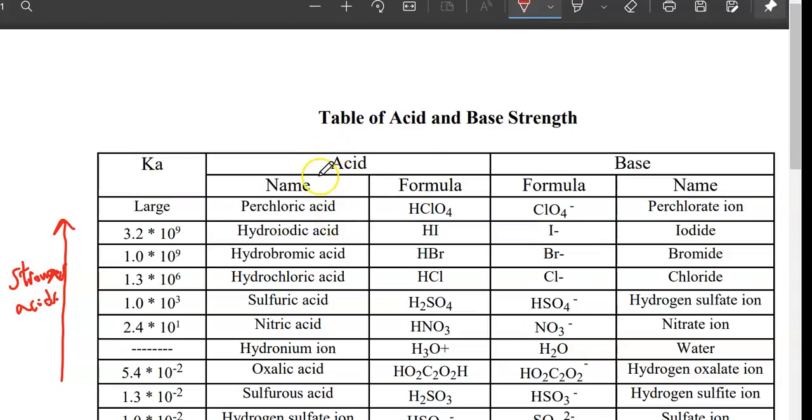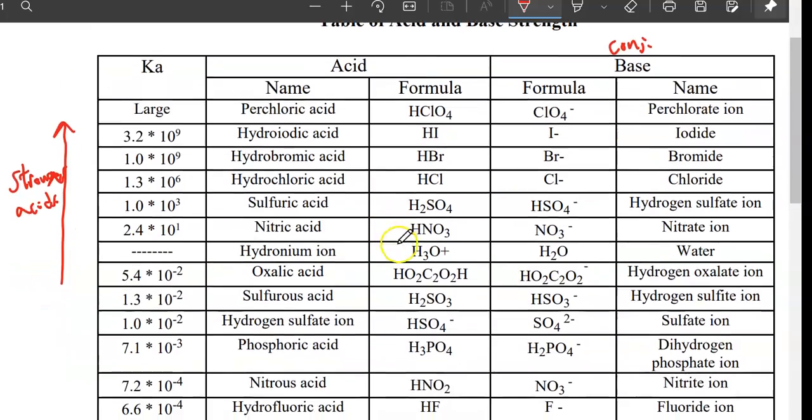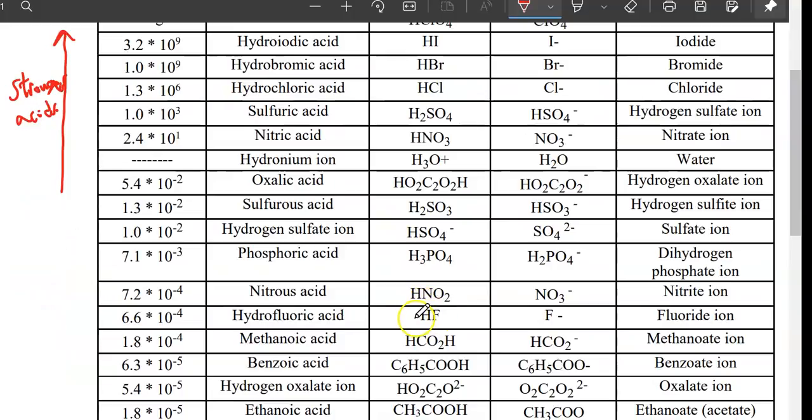So we're dealing with HF and HSO3-. So let's look at where they are here. HF, so this is acid, this is the conjugate base on this side here. So let's look at the acid. HF is down here. Here's HF, and it has a Ka of 6.6 times 10 to the negative 4.